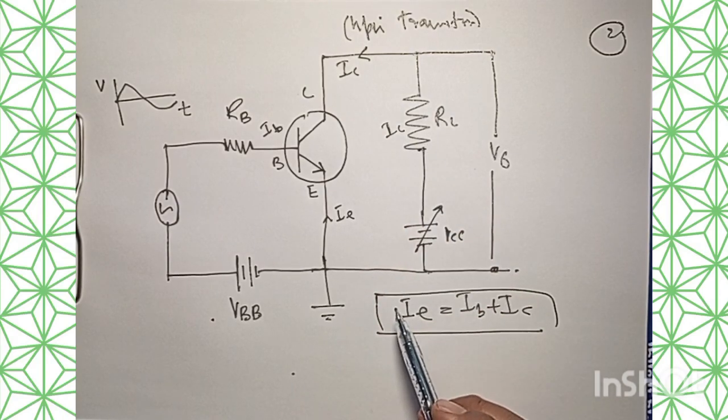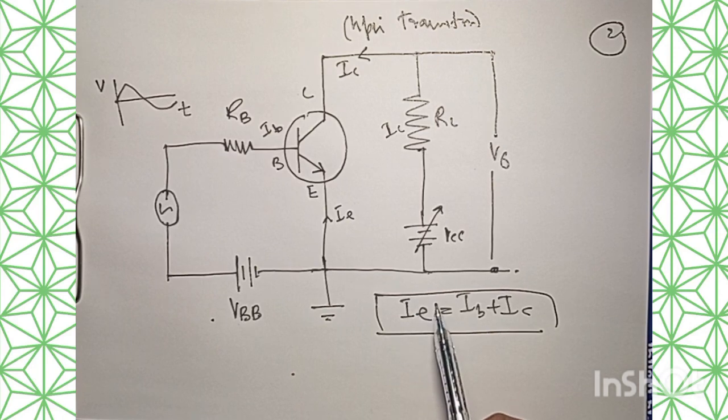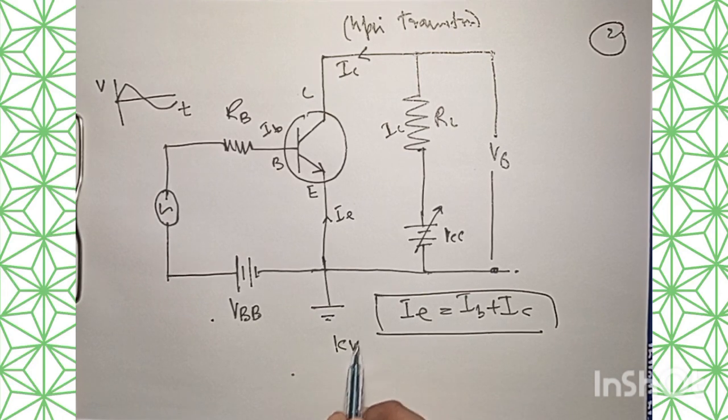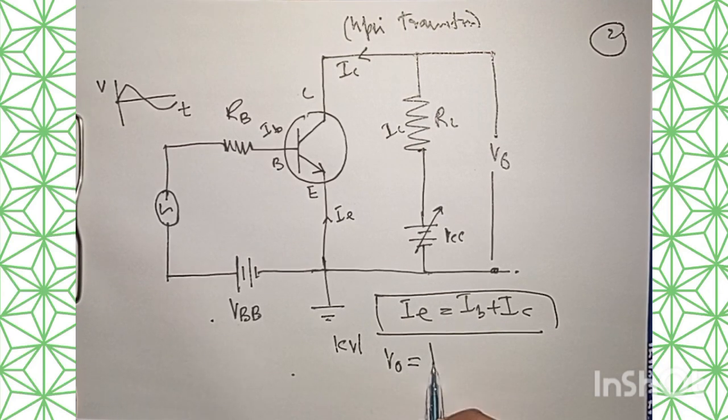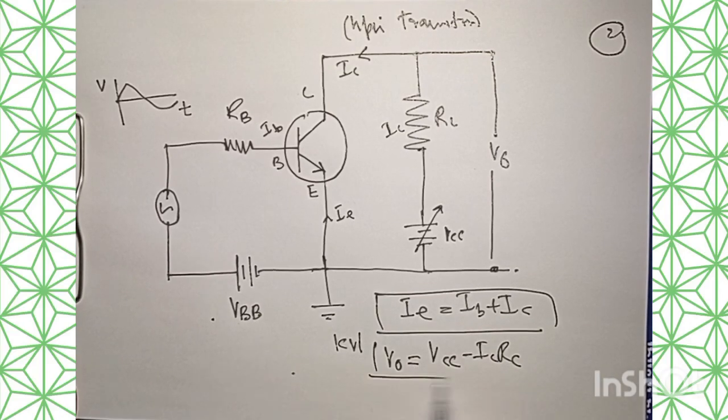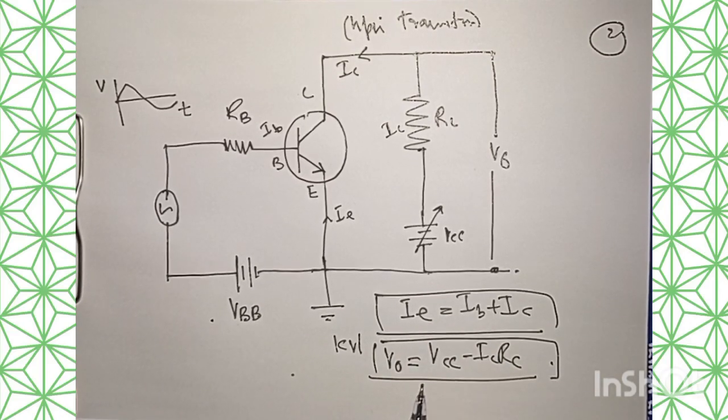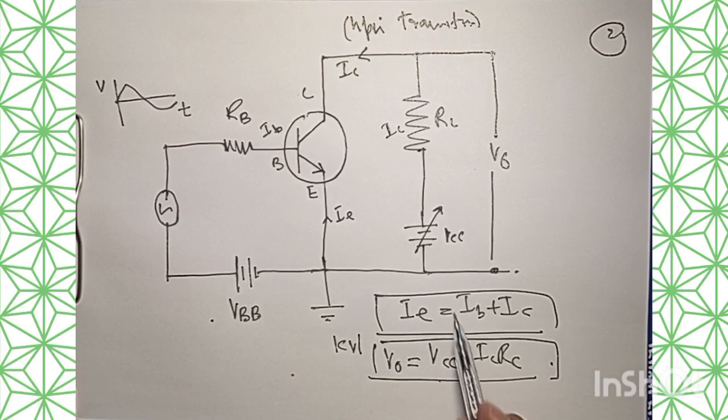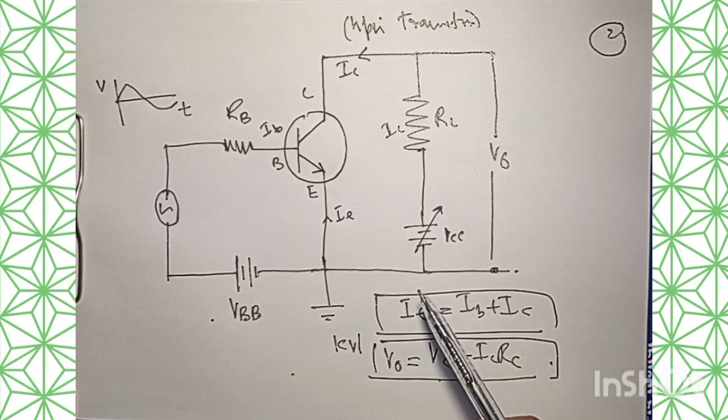Very simple, from Kirchhoff's law, applying KVL in the output circuit. So we can write the equation for output as Vout is equal to VCC minus ICRC.